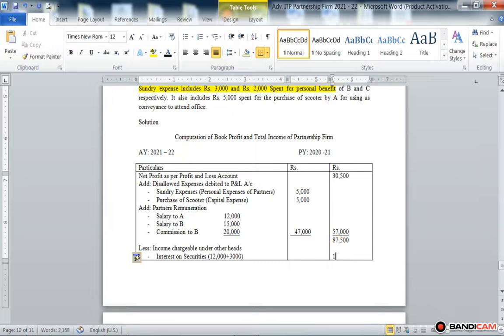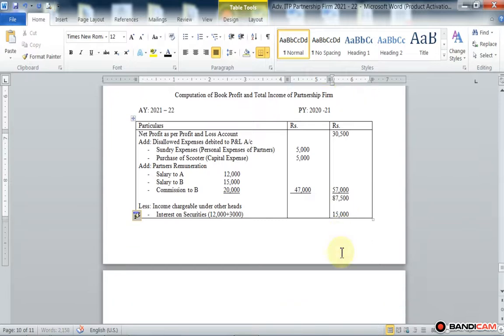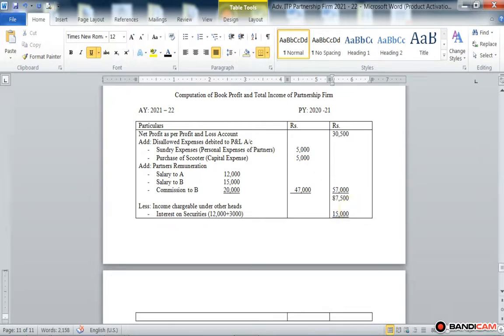So total is 15,000. Now deduct this 15,000 from 87,500. So here we get the amount, that is 72,500.